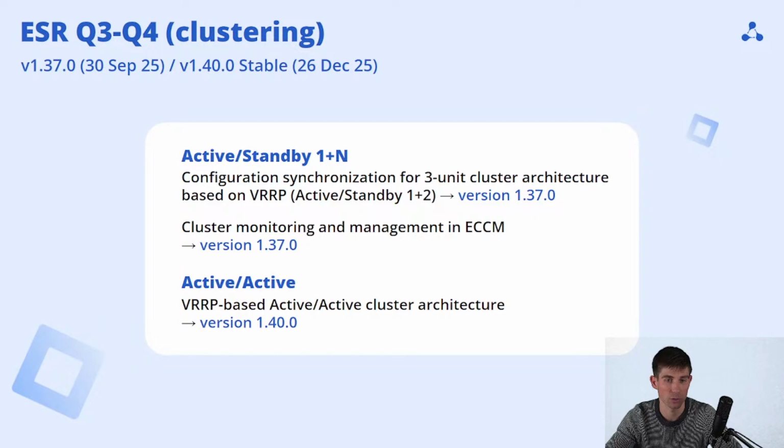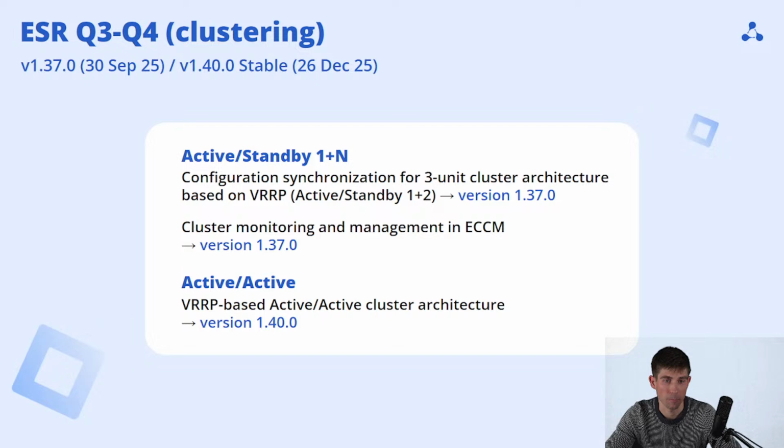So it allows you to hook 3 units of ESR, one being active and 2 of them being on standby, with the synchronization of configurations in the background, and all the other benefits of stacking.